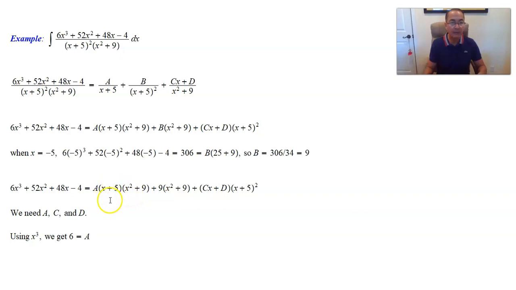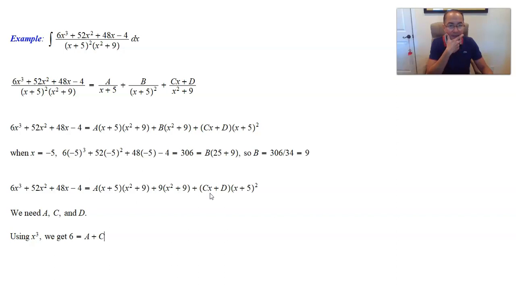From a, we will get x cubed. There is no x cubed here, so that's excellent. Is there more than one x cubed here? Well, that's x squared, and that's cx plus d, so that's only one x cubed. So a plus c must be 6.